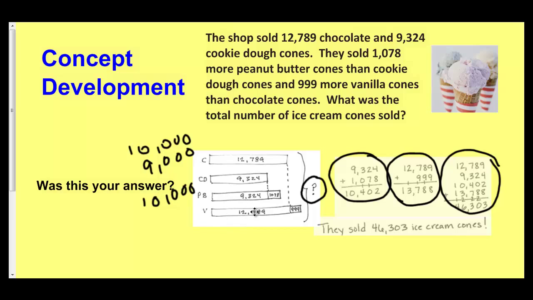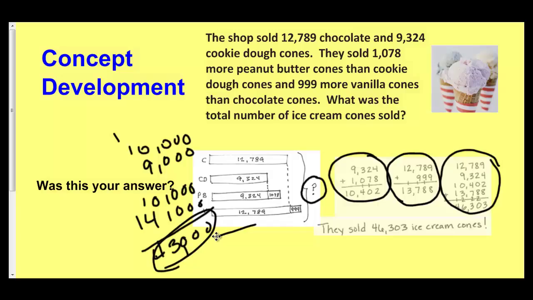And for vanilla, I'm going to say 13,000 plus 1,000, so we'll say 14,000. Now I can very quickly just add these together. Obviously, I'm going to have all zeros here, and then I have 9 plus 4, which is 13. So I get about 43,000 ice cream cones, which is really close to my answer, which tells me that this is indeed reasonable.